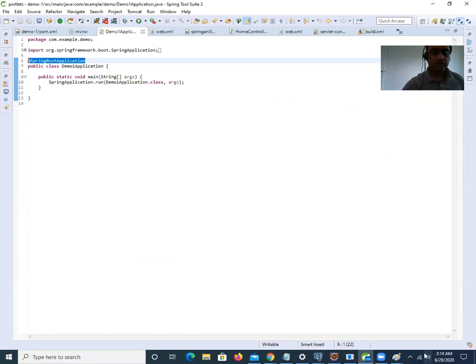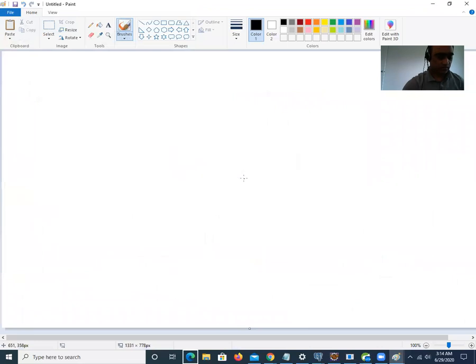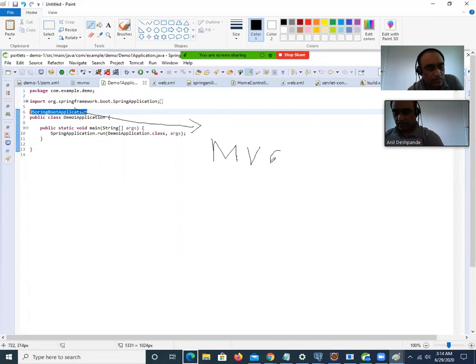This one behind the scene is not only having an MVC for you, but also now you can write your components from here.